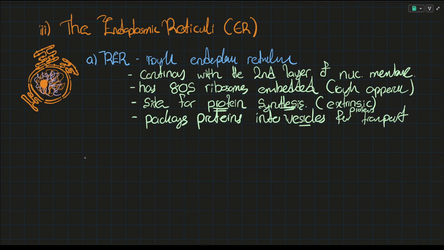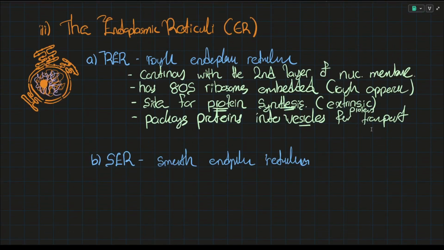What about the second part of this, which is going to be the smooth endoplasmic reticulum? Handwriting is going to go haywire. I'm not putting that much effort into handwriting for this because it's information and information and information. Of course, if there are diagrams, I want to be more specific. What exactly does the smooth endoplasmic reticulum do?